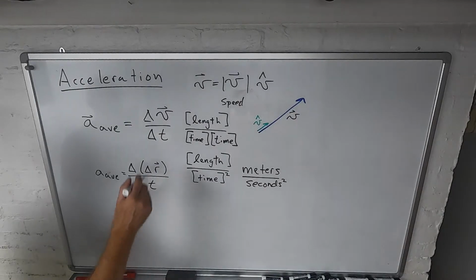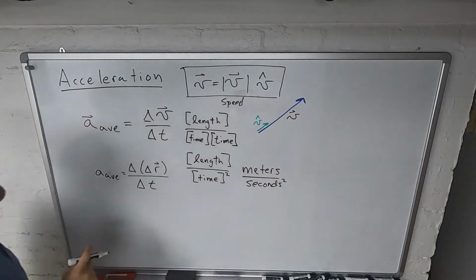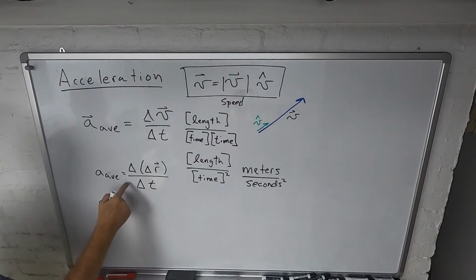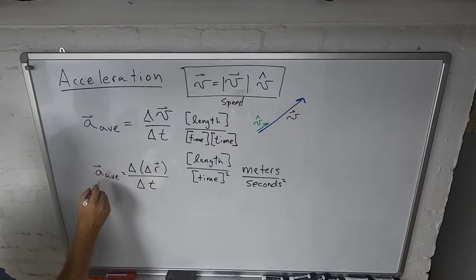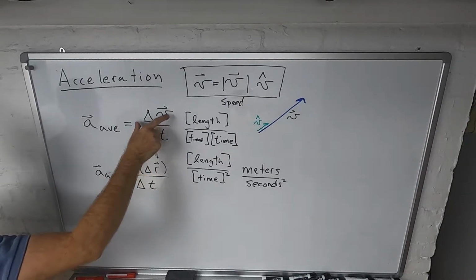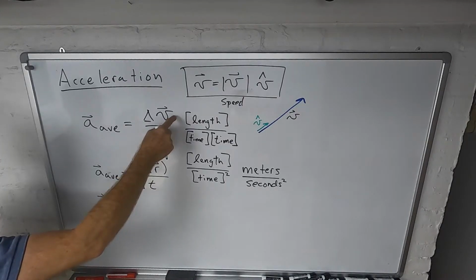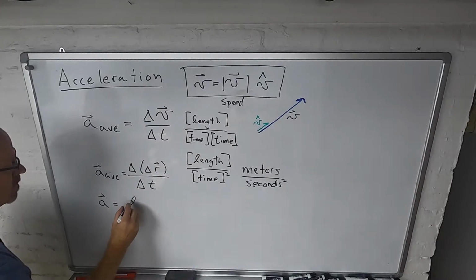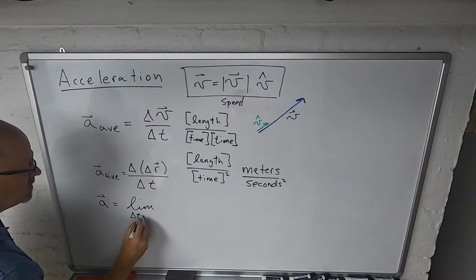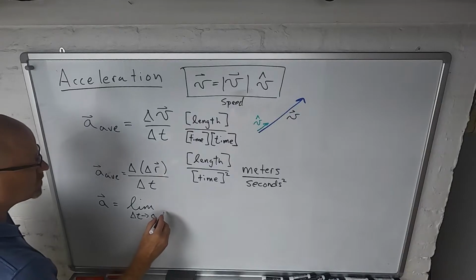All right, so remember, v is defined this way as its magnitude and its direction. And so if I want to look at acceleration, I can actually say, in the same way that I took velocity from a delta to a derivative, I can do the same thing with my velocity to become the acceleration, or the change in velocity to become the acceleration.